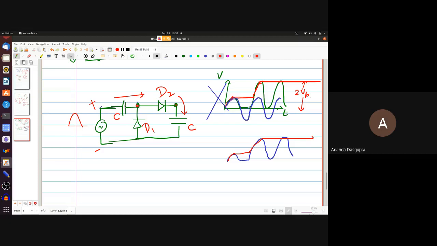And what about these two capacitors? Can you tell me how much is the voltage drop across this? If this voltage is Vi, of course that's time dependent, but what will the voltage across this capacitor be? Half Vi. Exactly, half Vi. You have done this calculation, right? Capacitors in series and so on. Basically the same current flows through them, so the same amount of charge goes into them.